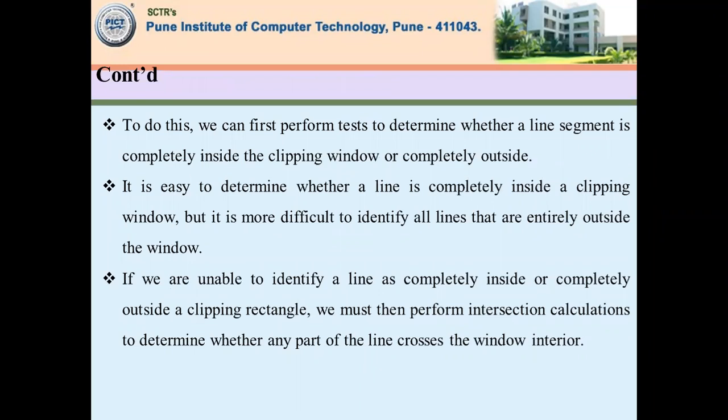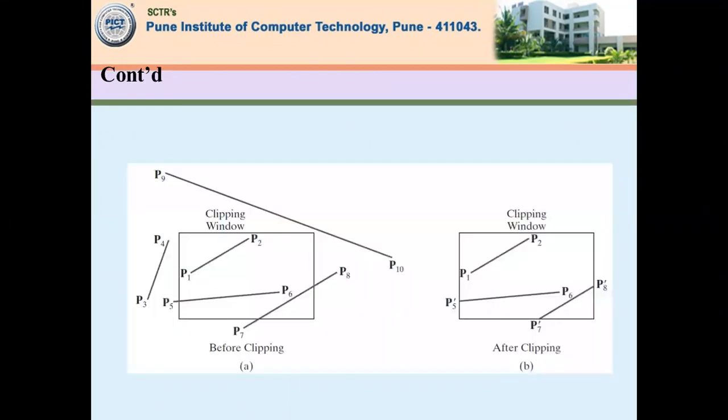With the help of intersection only, we are going to clip the lines. The lines which are completely inside the window are visible. The lines which lie completely outside the window are not visible to us, right? But some lines are partly visible, meaning part of the line is outside the window and part is inside the window, like this.